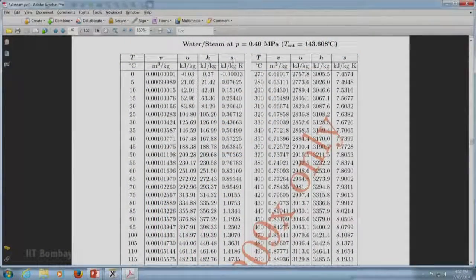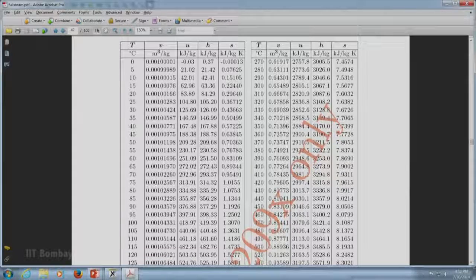Alright, so this is table 3 and let us say 0.4 MPa that we are talking about, approximately 4 bar, and here I can locate the point of 100 degree centigrade, alright. So I can get the values related to enthalpy here, which is my state 1 in this case. So my H1 here can be read as 419.39 kilojoule per kg, alright. So my H1 is what I want because I am interested in delta H.